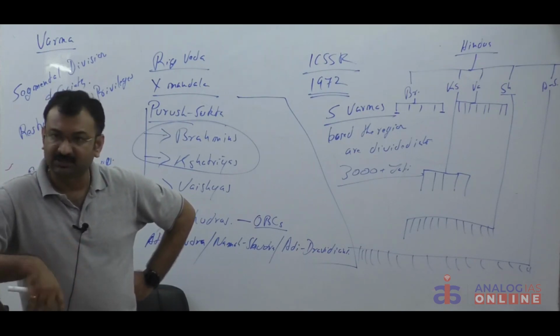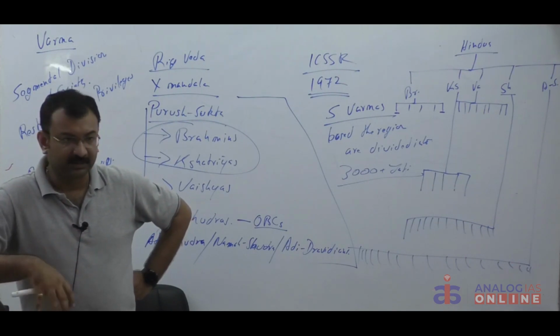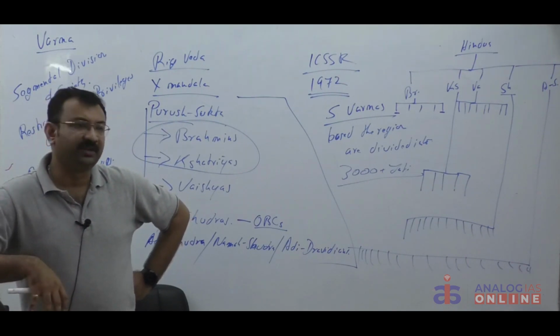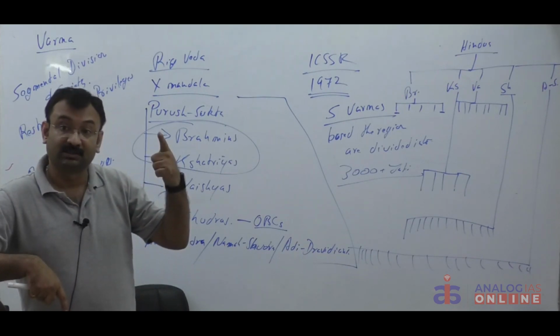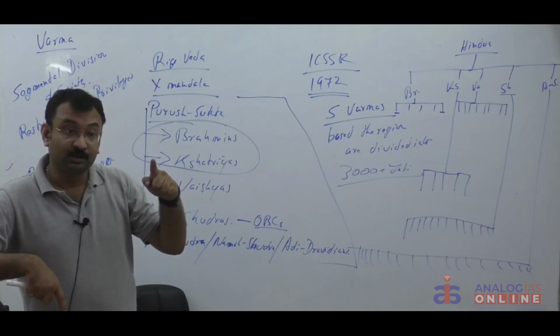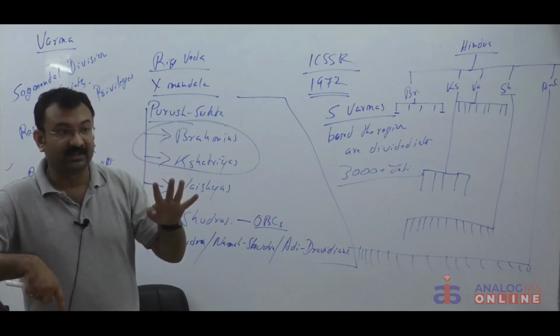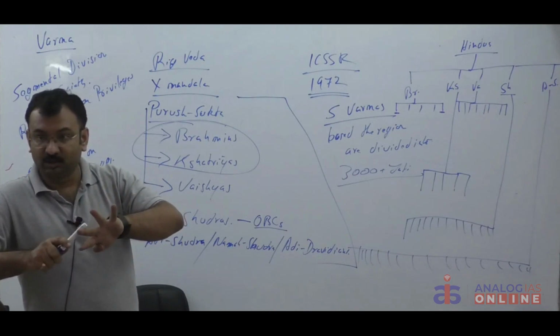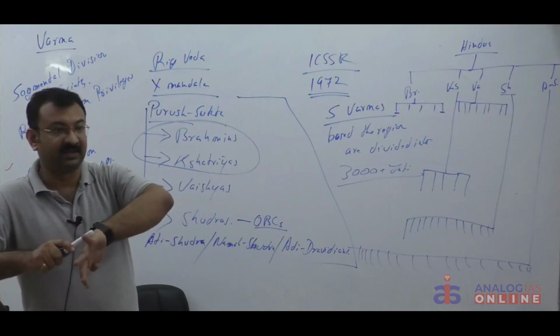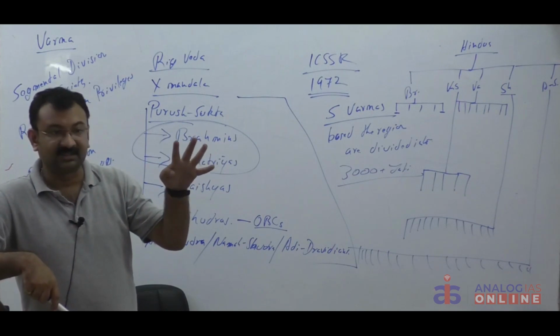Ever heard of these surnames? Especially in northern India. Who's a Chaturvedi? That's the highest form of Brahmins. They have the right to read all the four Vedas: Rigveda, Yajurveda, Samaveda, Atharva Veda. All the four Vedas they can study.